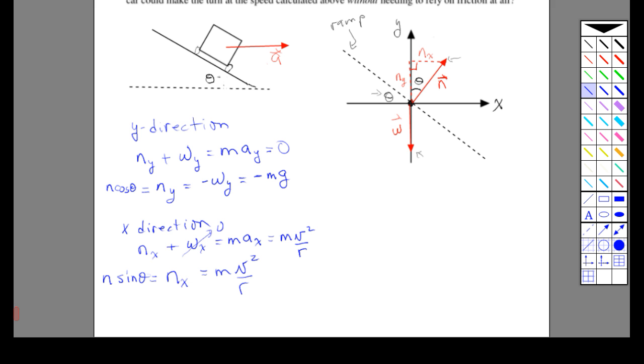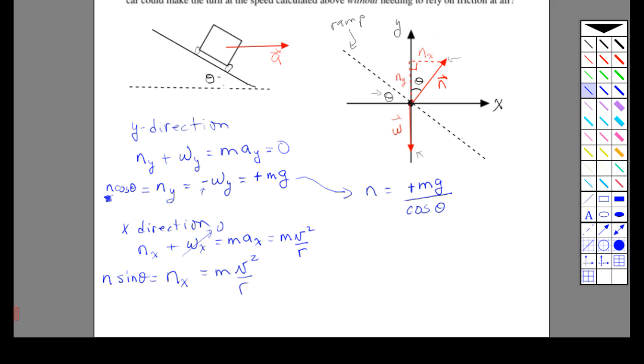So from this equation, we get that the normal force is equal to mg, divided by cosine of theta. Actually, I'm off by a negative sign. This should be positive, because there are two negatives: one from bringing the weight component onto the right-hand side, and one from the negative y component of the weight. This is solving for N.